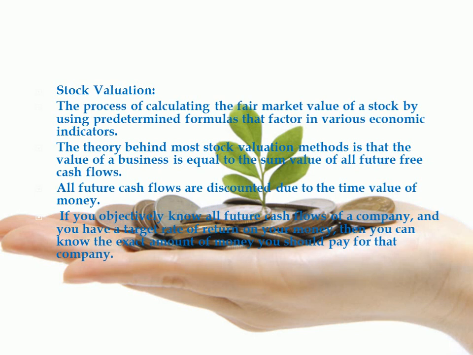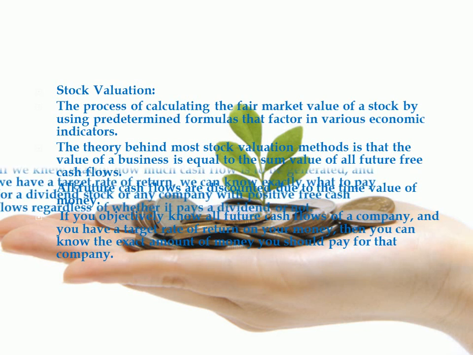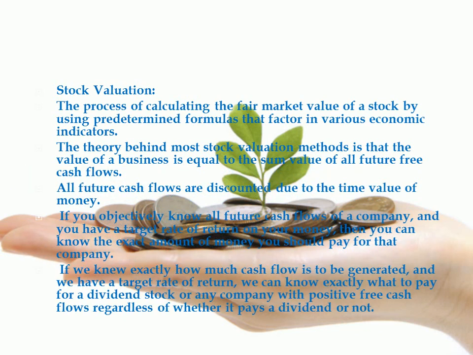And from that, we can determine the value of the business. If we knew exactly how much cash flow is to be generated and we have a target rate of return, we can know exactly what to pay for a dividend stock or any company with positive free cash flows, regardless of whether it pays a dividend or not.